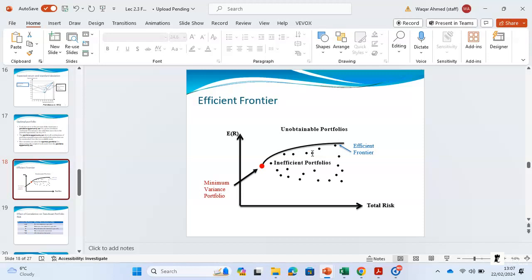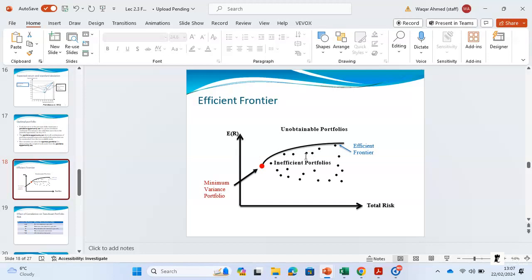Yes. Which one would you prefer? You would prefer B, right? Very good. Okay, why would you prefer B? Because B has the same risk, but it offers a higher return, right?